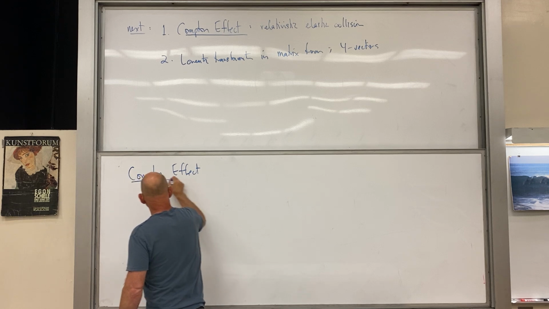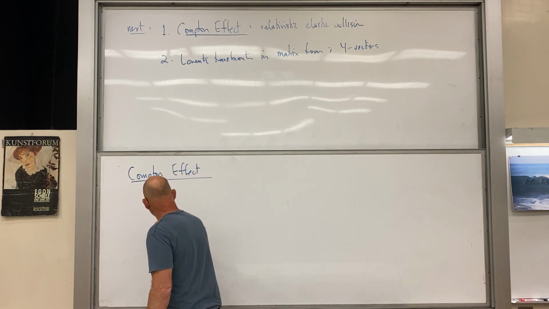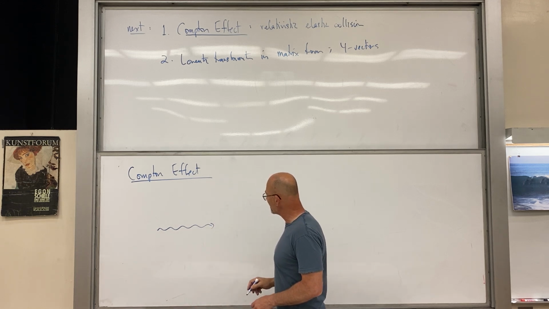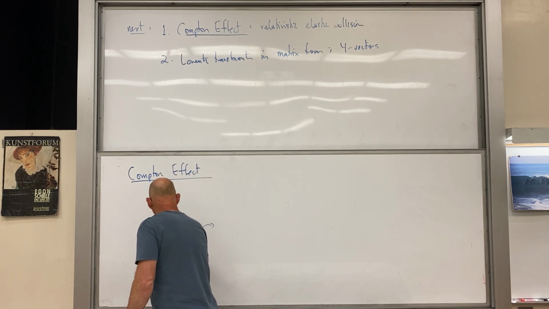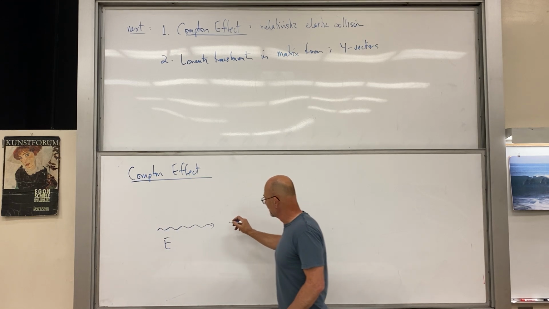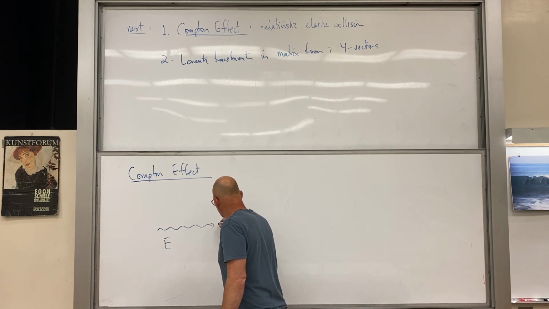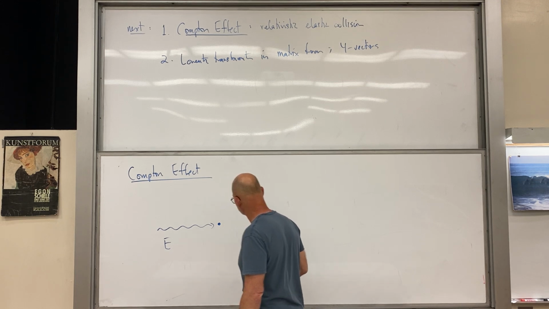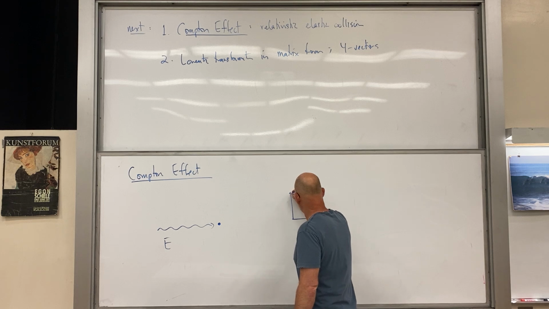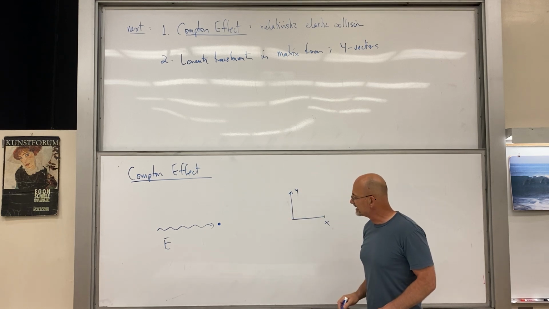Let's get a big picture for starters. So we have a photon that's represented with a wavy line of energy E, original energy. This is all relativistic, and it collides with an electron, and we're going to have standard X and Y axes.